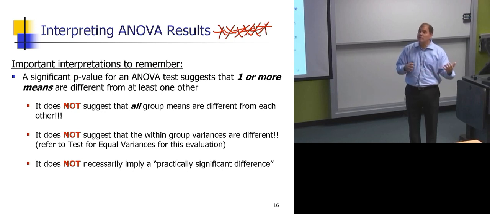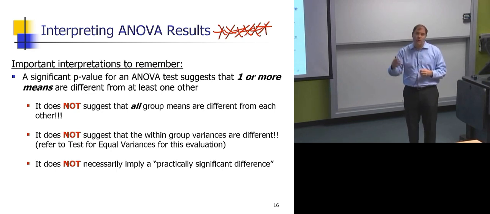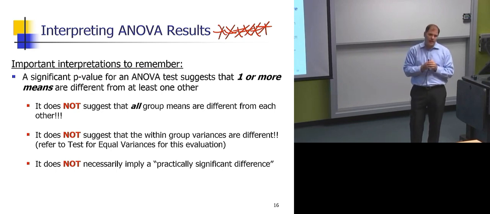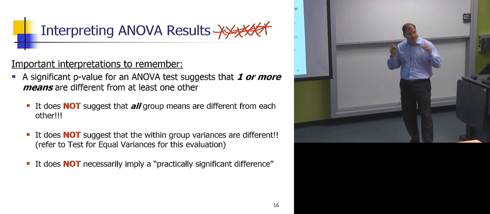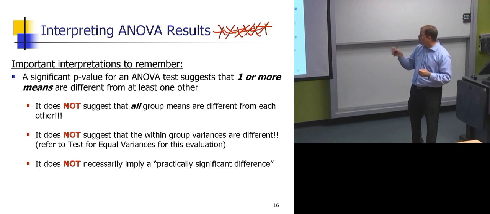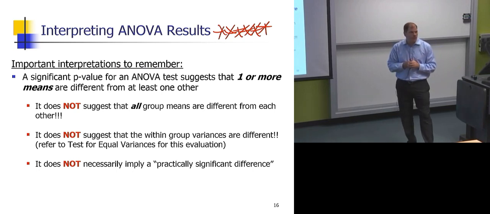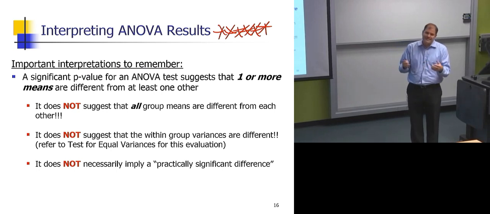A Bartlett or Levene test is used to test for different variances. We convert means into a between group variance term to apply ANOVA, but the variances of the groups are not analyzed with ANOVA. That's done with the Bartlett.